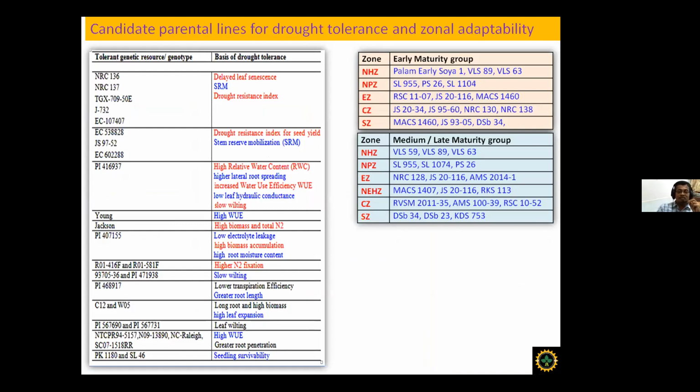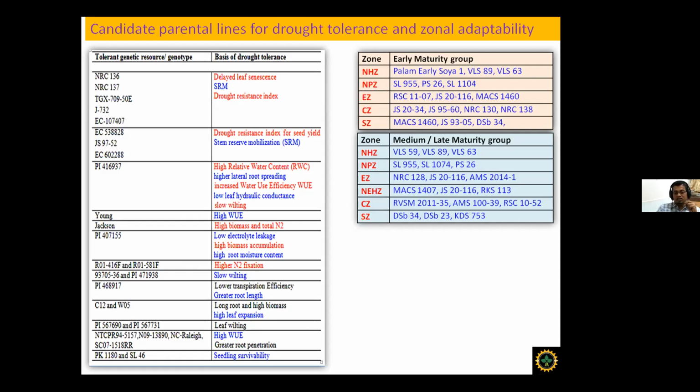a very important thing is candidate parental lines for drought tolerance as well as for zonal adaptability. In the case of soybean, the germplasm we have screened over a period of time has been identified. As you can see, for different traits there are NRC 136, NRC 137, some exotic germplasm collections and TGX lines. The list is provided here, and it is already very long.